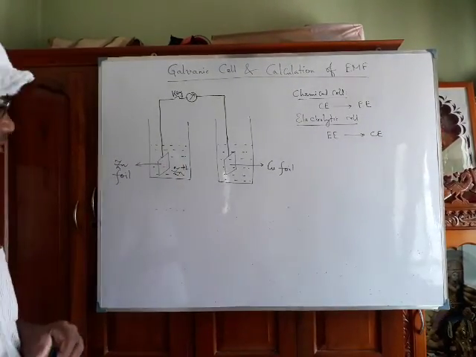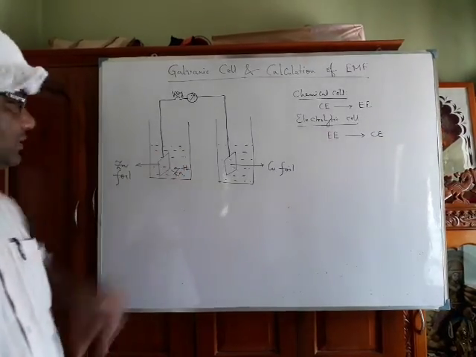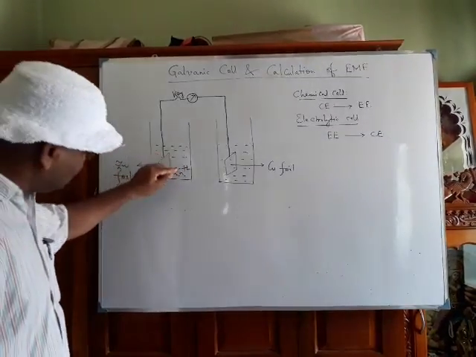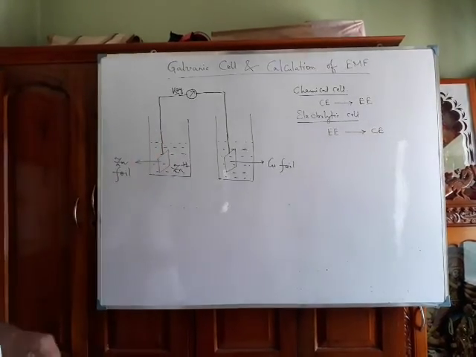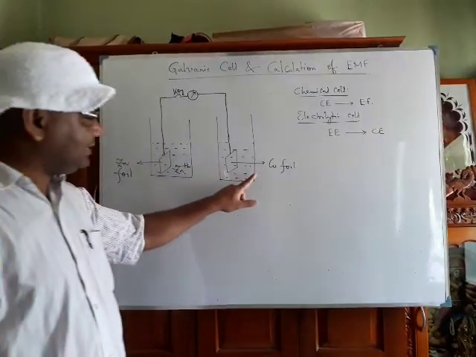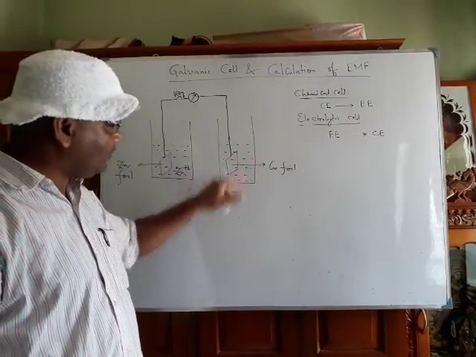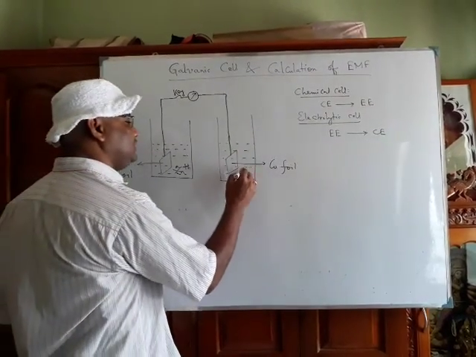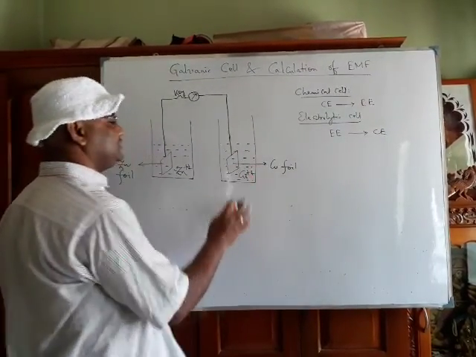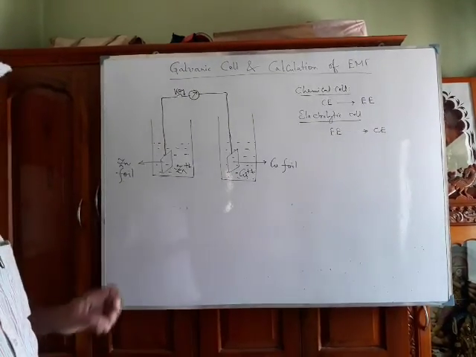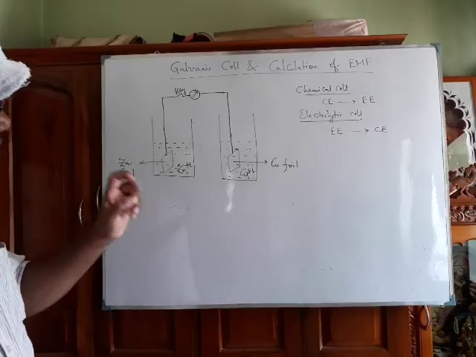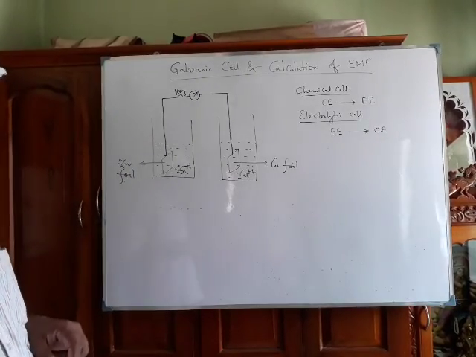Zinc ion solution means, suppose there is zinc chloride or zinc sulfate. In that zinc ion containing solution, zinc foil is immersed. On the other hand, in another compartment, copper foil is immersed in copper ion solution. It may be copper chloride, it may be copper sulfate. Any water soluble salt of copper can be used.